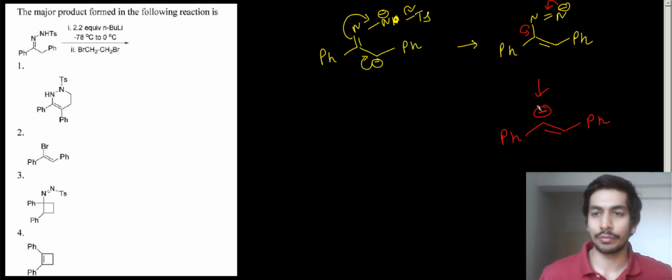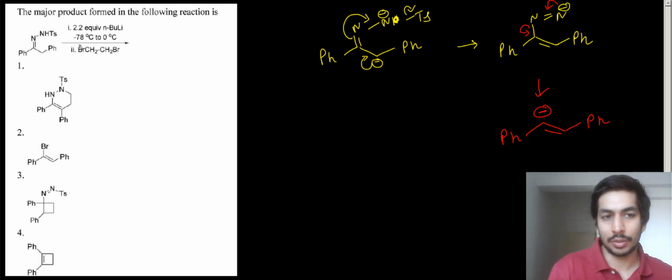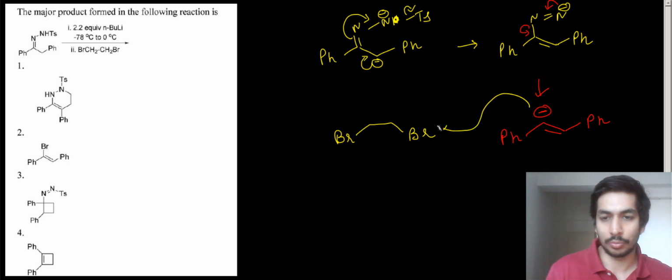Whatever electrophile is given to us, we'll have to arrange the product accordingly. Over here the electrophile that is given to us is BrCH2CH2Br, right? So what is going to happen? Let me just draw the electrophile over here for you: BrCH2CH2Br. This carbanion is going to attack this bromine over here, and this bond is going to migrate. This is basically acting as the electrophile. This bond is going to migrate and this Br is also going to leave.